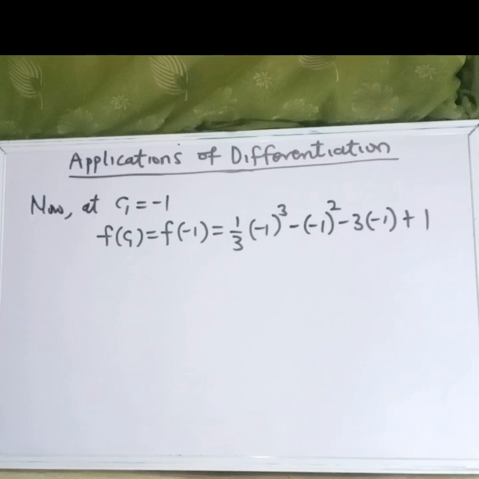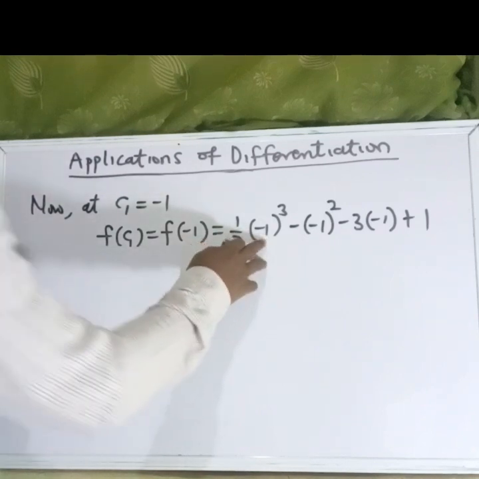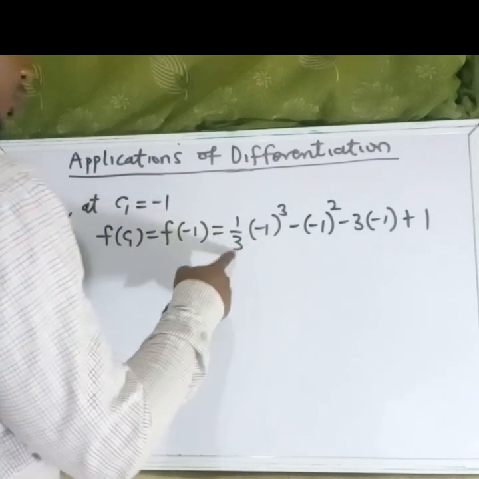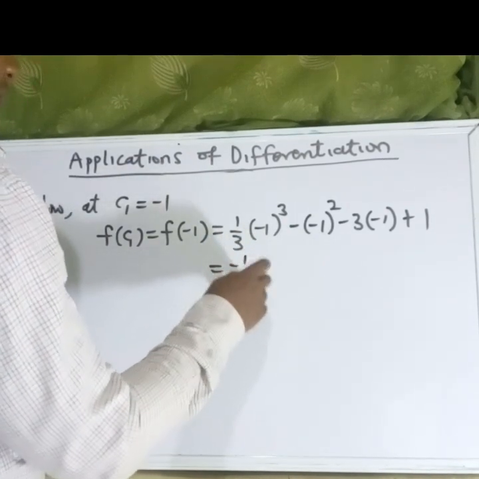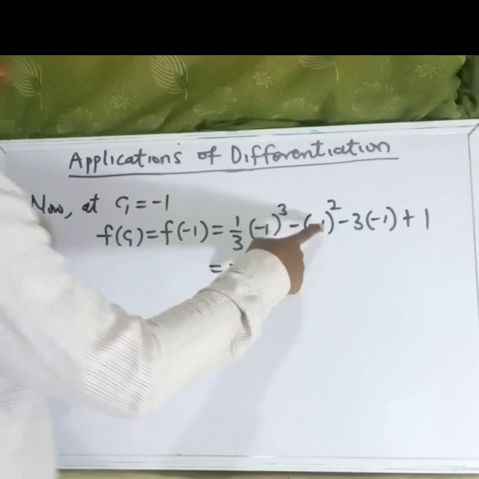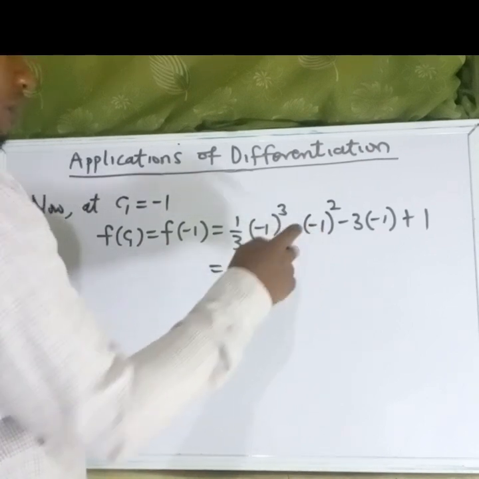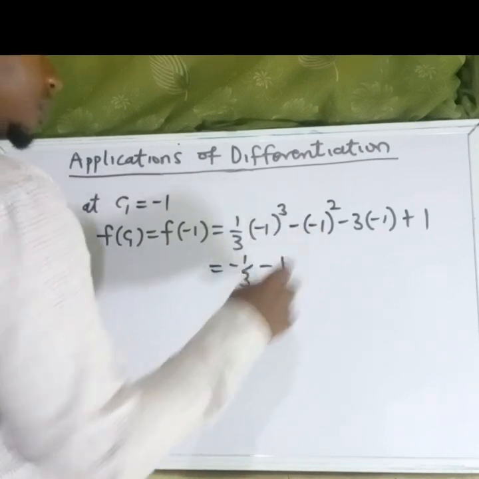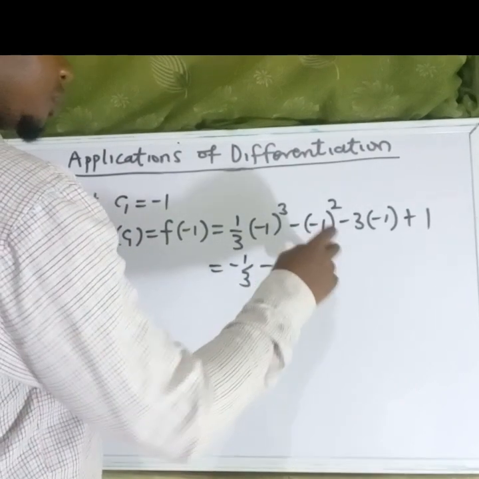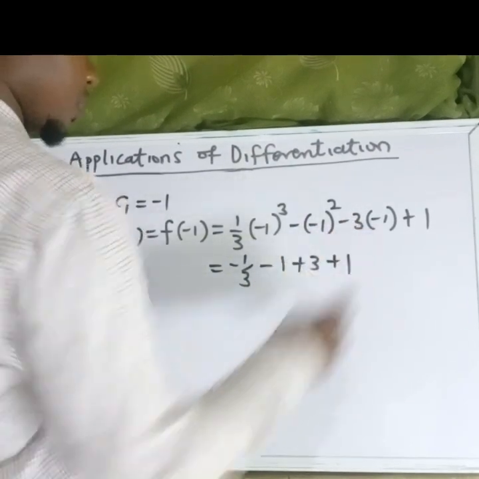So let's evaluate this. We take the cube, which is -1 over 3, and this is 1, and multiply by -1, so this is positive 3 plus 1.